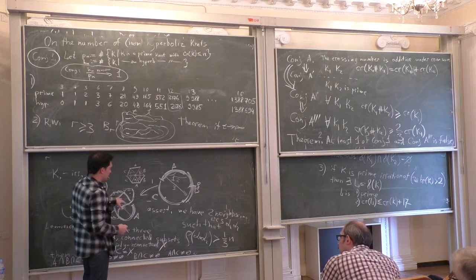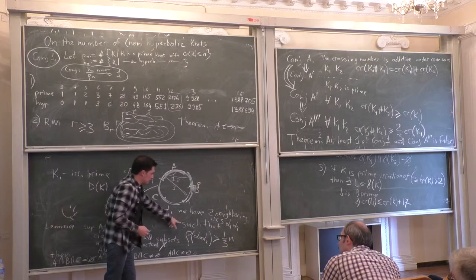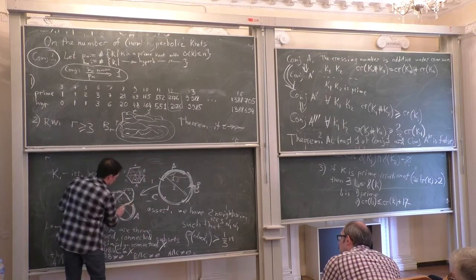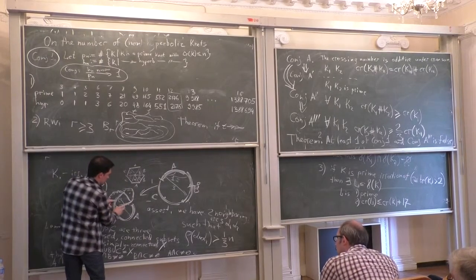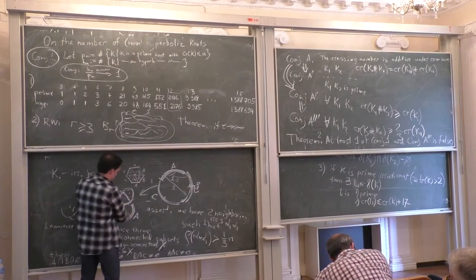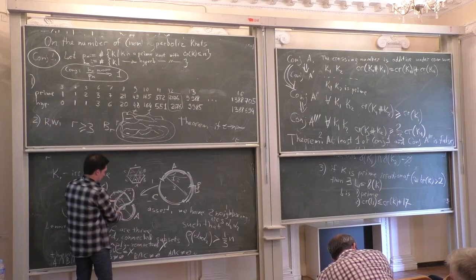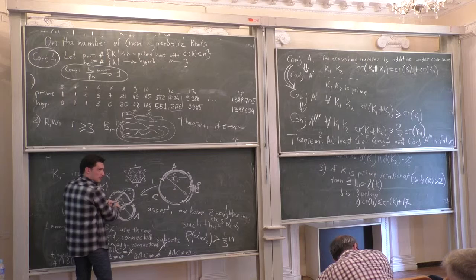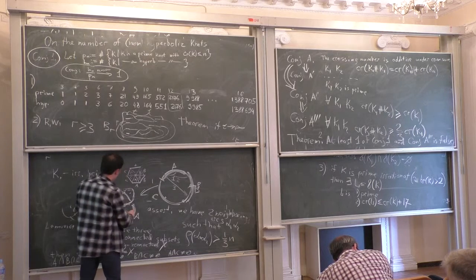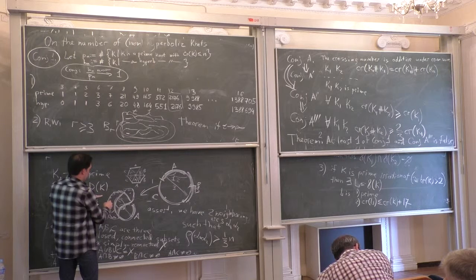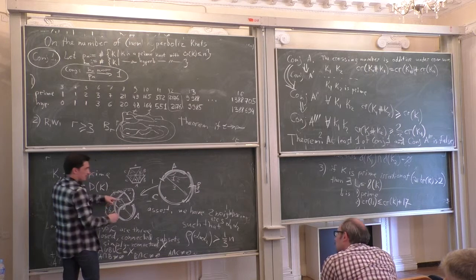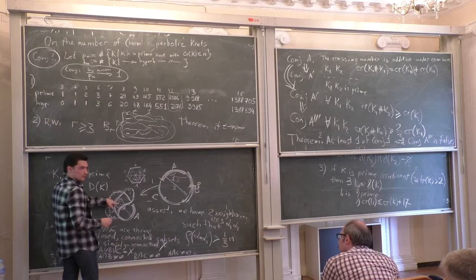On this minimal diagram, I can choose 2 neighboring arcs, these 2, such that they are distant enough when I go along the diagram. And now I should make my figure 8 knot here.